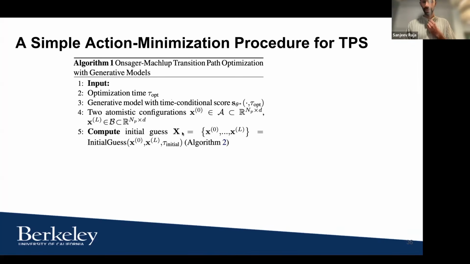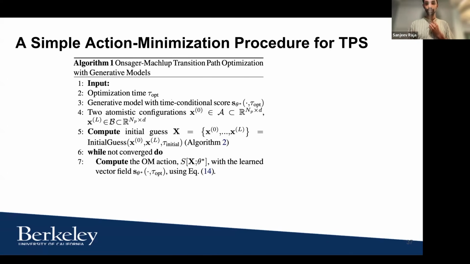You compute an initial guess path, which amounts to noising the endpoints, linearly interpolating, and then denoising. This gives you a good initial guess to start with. The T initial that you choose controls the diversity of the initial guesses: a larger T initial gives more diverse initial guesses, and a smaller T initial gives less diverse ones. You can look at the paper for the details.